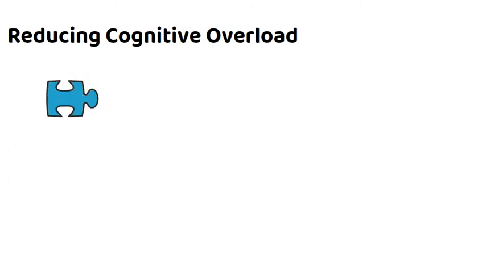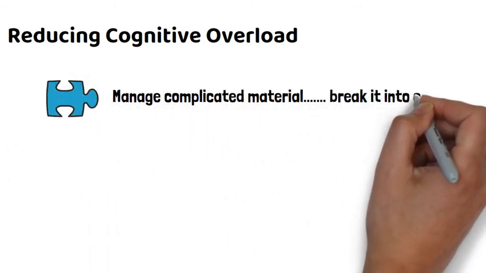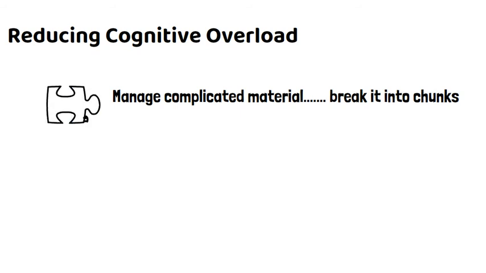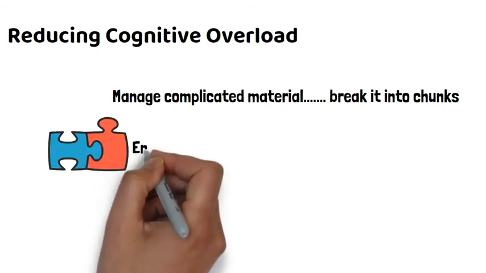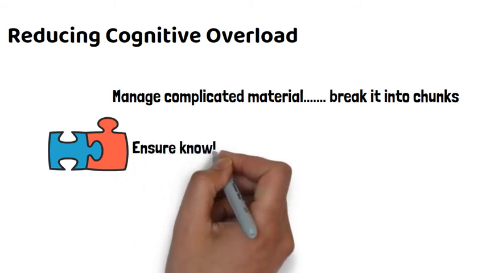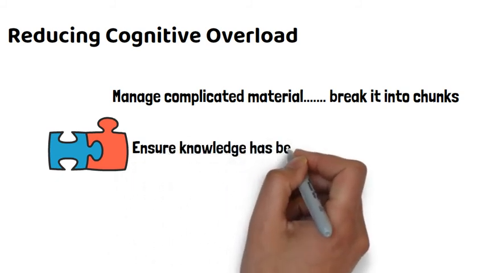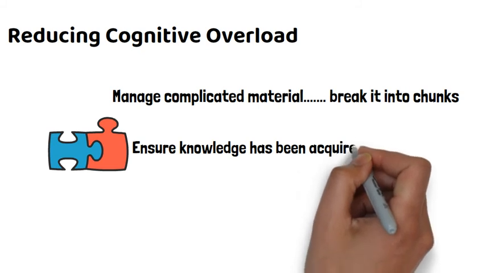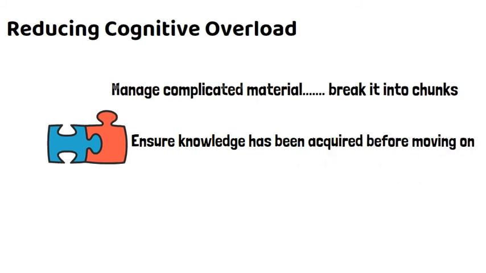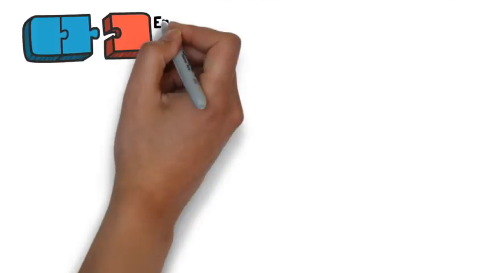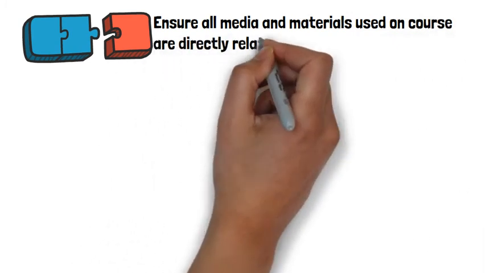Firstly, manage your complicated material by breaking it down into chunks, if possible with 3 to 7 elements in each. Second, ensure that the theory is acquired before moving on to more complicated parts of the training. Thirdly, ensure that any media and materials that you use are directly relevant to the learning goals.